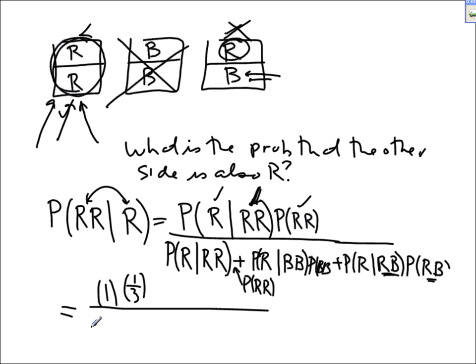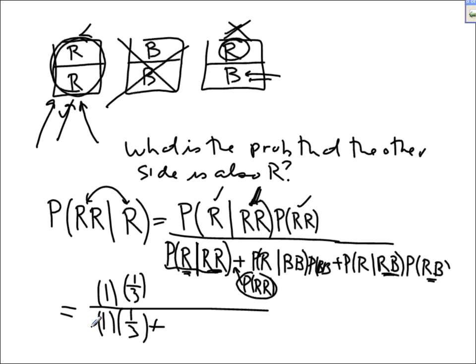We're going to randomly pick one. Identical looking means they have the same shape. So 1 out of 3 times, we'll pick the RR card. The probability of getting a red front, given we pick the RR card, 100%. The probability of picking the red card, 1/3.